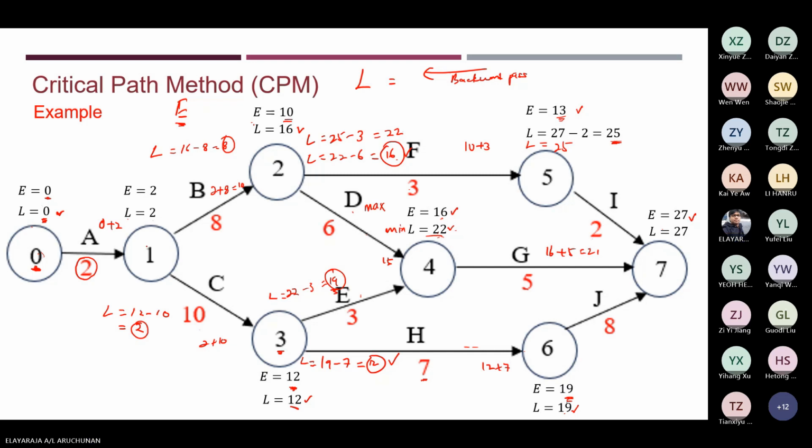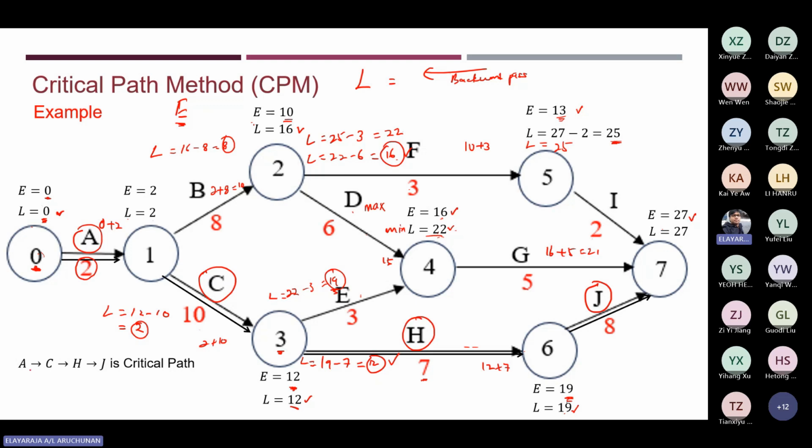Now next we need to check the critical path, so you can draw the double line. The critical path will be here, here, and then here, which means activities A, C, H, and J are what we call critical activities.